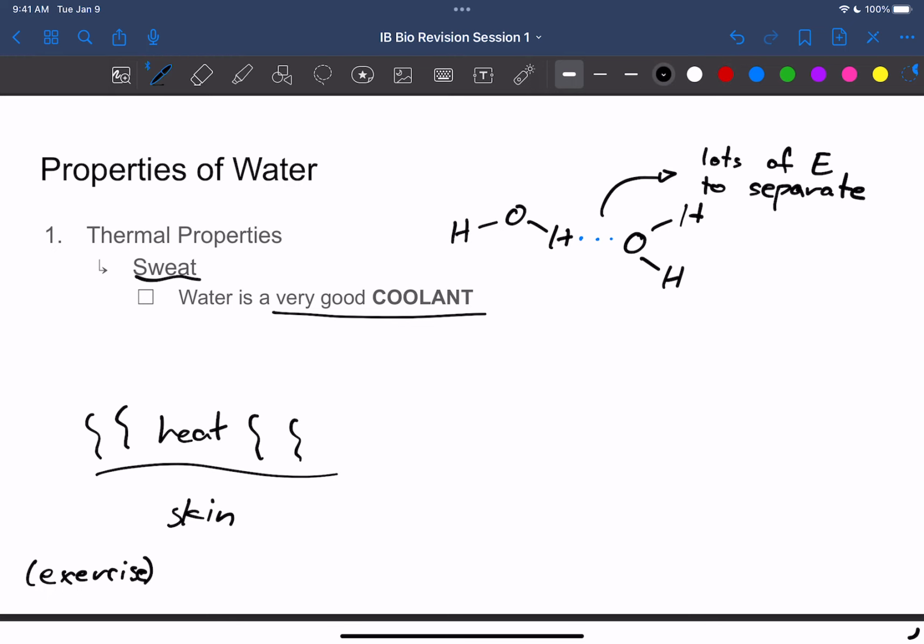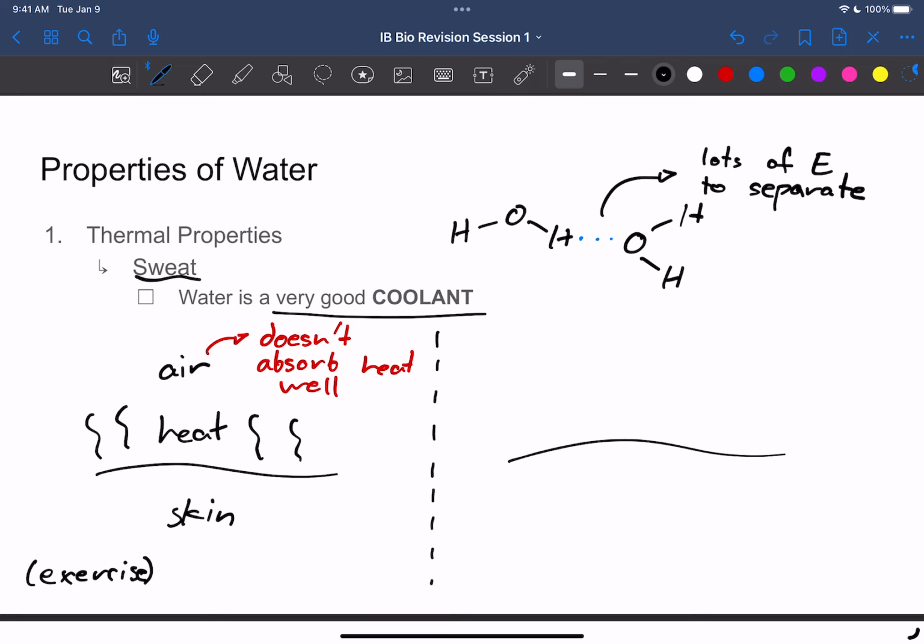And when you have something like the air, well, the air doesn't really absorb that energy coming off of your skin. And this can cause overheating.